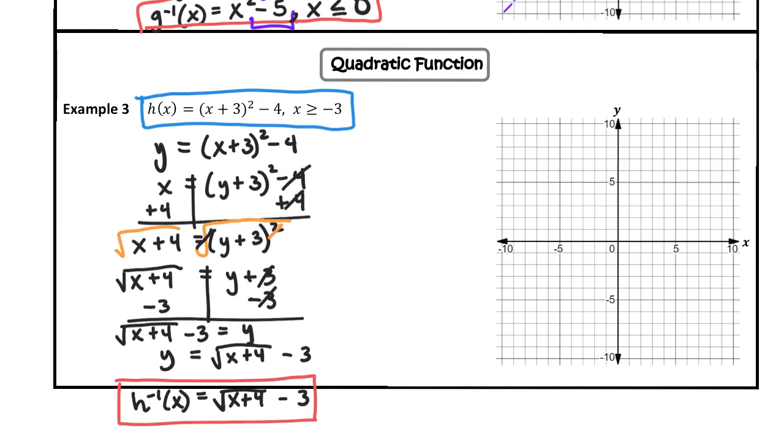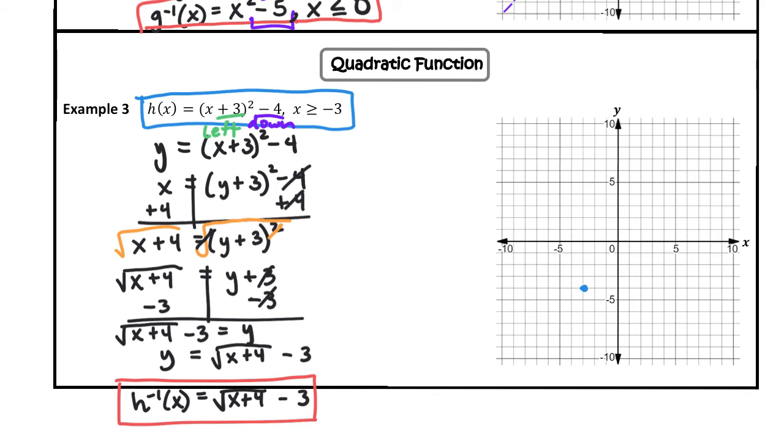All right, so let's graph the original. The original is a quadratic that has plus 3 inside. So that means we're going to go to the left 3 and 4 down. So to the left 3 and 4 down. That's my starting point.